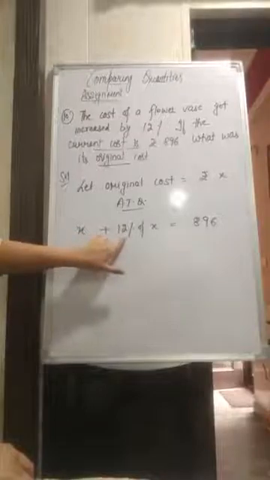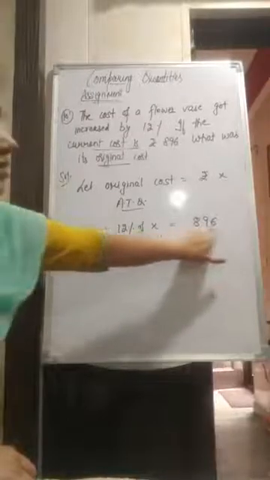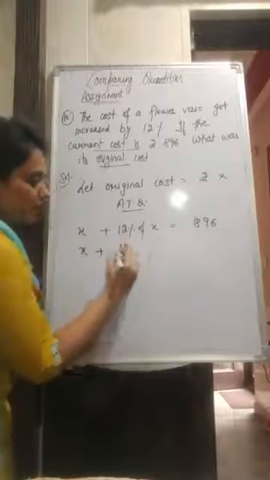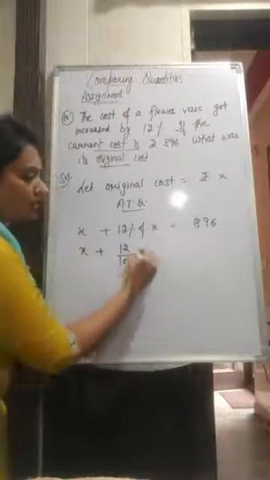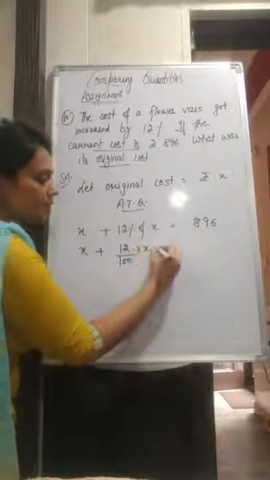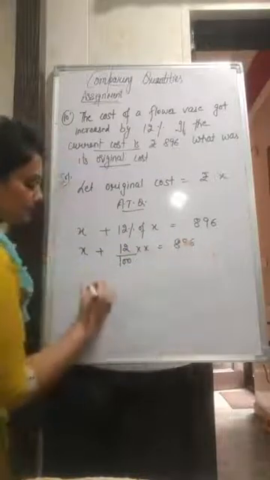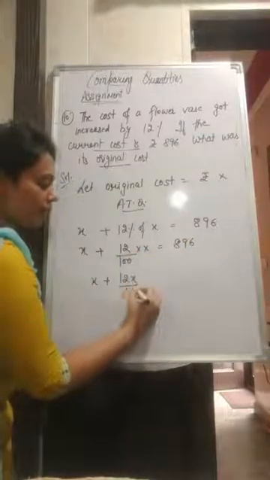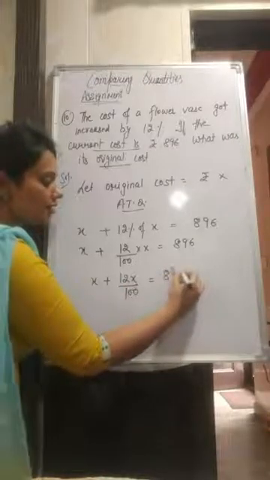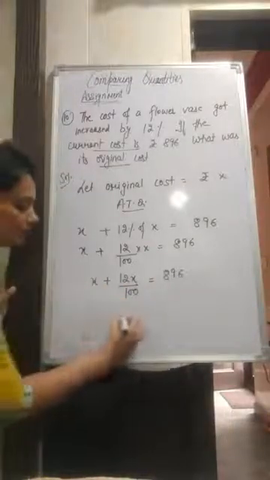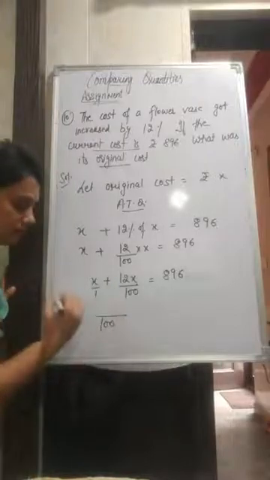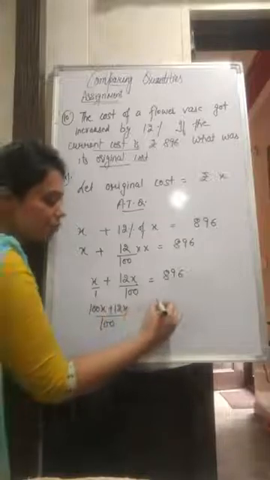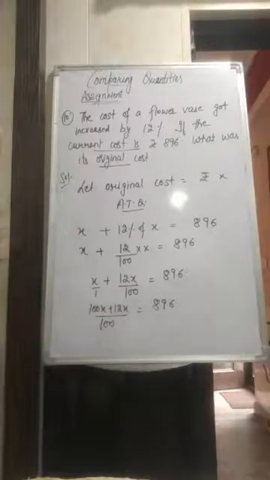So x plus 12% of x is 896. So we will solve it. x plus 12 percentage we will remove, 100 in the denominator, into x is equal to 896. x plus 12 into x is 12x over 100 is equal to 896. Now we will take the LCM. 100 is the LCM. It will be 100x plus 12x is equal to 896.